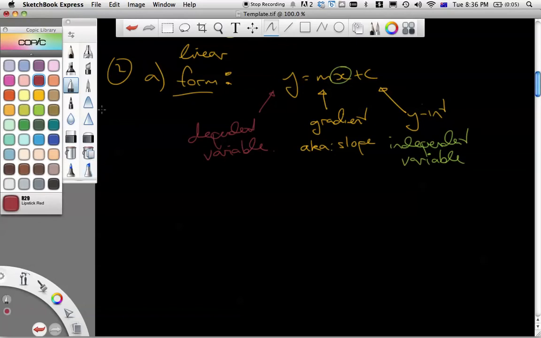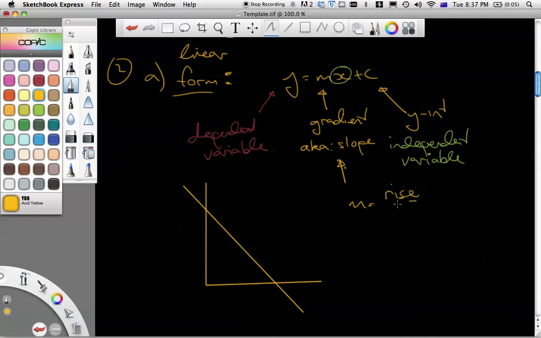Okay, so linear form, how would we find an equation by just looking at a line? Something like that. Well, gradient m equals rise over run equals change in y over change in x. Got x, y.